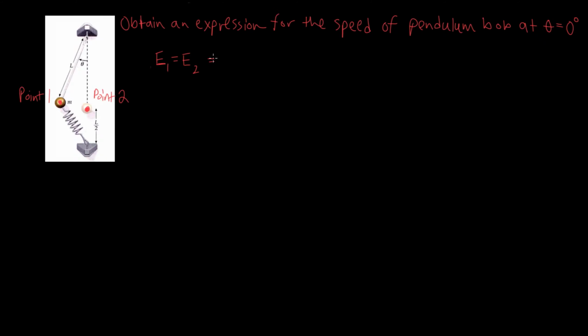And now let's analyze what energy the pendulum bob gains at position 1. When we pull back the pendulum bob to an angle of theta to 0.1, the pendulum bob gains a certain amount of potential energy because we are raising the pendulum bob to a position higher than its initial equilibrium position.